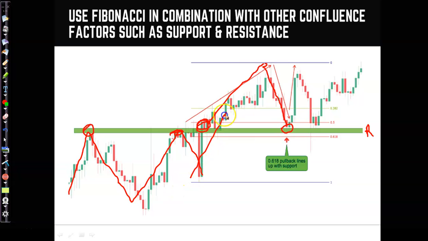If we calculate this wave as an impulsive wave and draw Fibonacci, I can see in this area the 61% retracement. So this area is called a confluence zone, because the resistance and the Fibonacci supporting line are both appearing here.